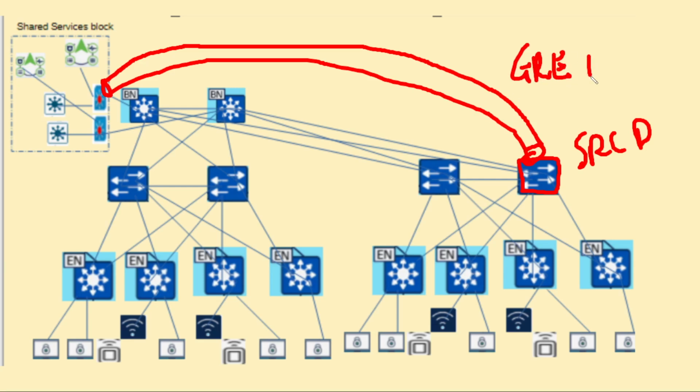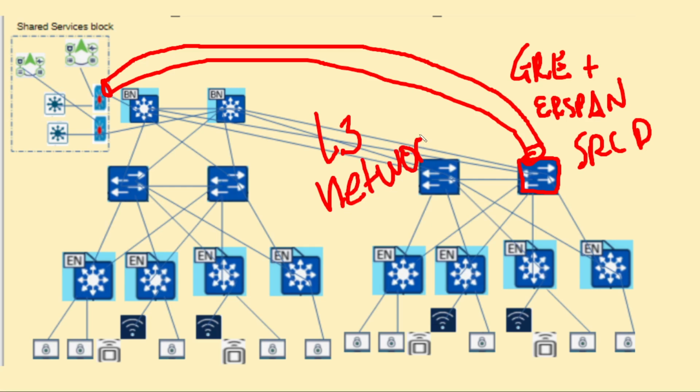It is going to also add an ERSPAN header. Now we are going to use a layer 3 network in order to transport this encapsulated traffic. We are going to send this copy of this traffic to a destination device that in turn is going to de-encapsulate it and send it to a capturing device.